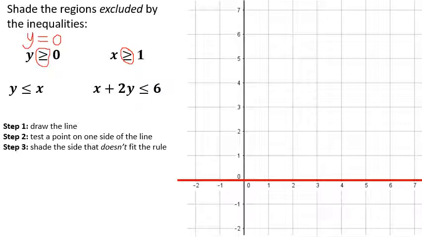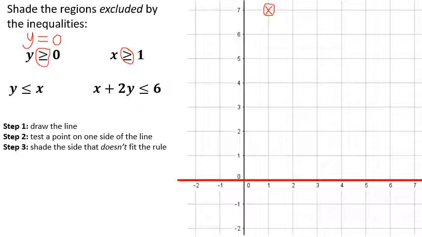The next step is to test a point on one side of the line. Now you can test a point on both sides if you like. We can look, for instance, at a point up here. Let's take the point (1, 7). Does it fit the rule y is greater than or equal to 0? Well, yes, the y-coordinate is 7, and 7 is at least 0, so it fits the rule. So that point works fine. That point is within the region that we're interested in.